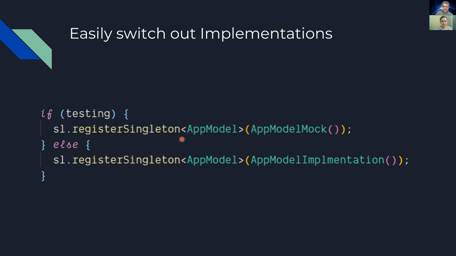I told you that we have the possibility to pass a class here and then a different implementation here. The reason for this is that we can easily switch out an implementation when registering. Inside the app, we will always access over the app model type, but depending on how you register it, we will get back different types of objects.